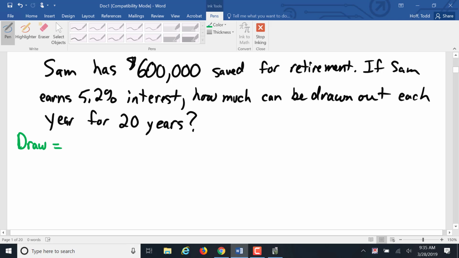I'm going to write it down as our regular draw, our periodic draw, is going to equal our present value, which is $600,000.